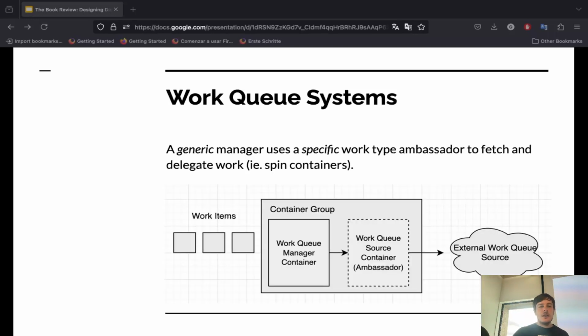So we will have work items that go into a container group, the work queue manager, the one getting the work items, could have a stable API saying, hey, I process my work items from somewhere, and then the ambassador could fetch some information or execute or spin the containers by, I don't know, using some kubectl API.